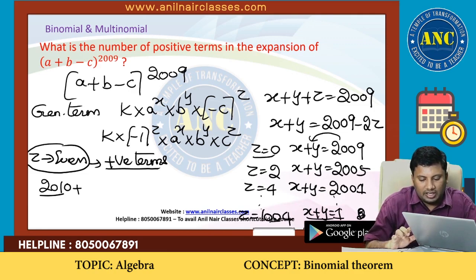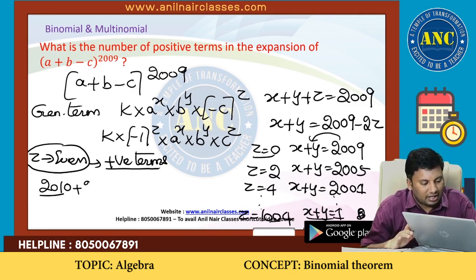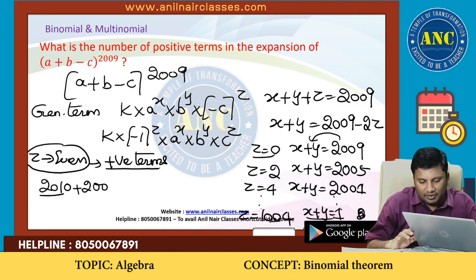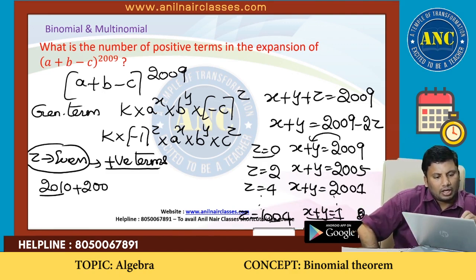I hope it is clear, right? 2007. Where is it missing? Why is it so? What is the z value? K into a power x into b power y into minus c power z. I want positive terms. Positive means z will be even.